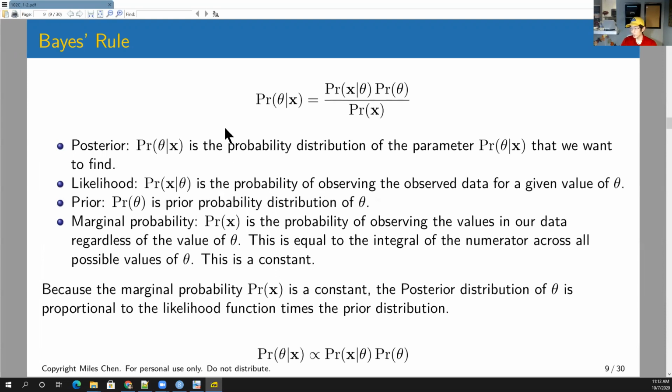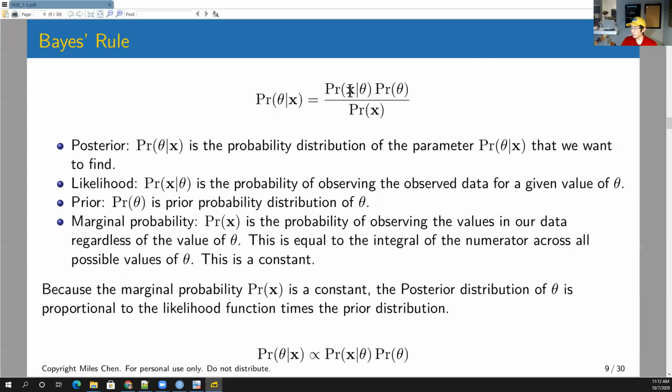We want the posterior distribution. This is the thing that we want. We want the probability distribution of the parameter theta. Sorry, this should just say theta, not PR of theta. Okay, we just want the probability distribution of the parameter theta given the observed values in X.